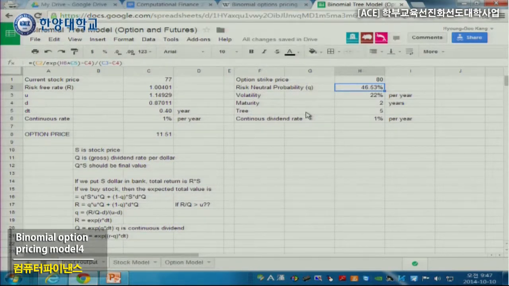So without dividend, the European call option and American call option prices are the same. But if there is a dividend, now the American call option and European call option prices can be different.